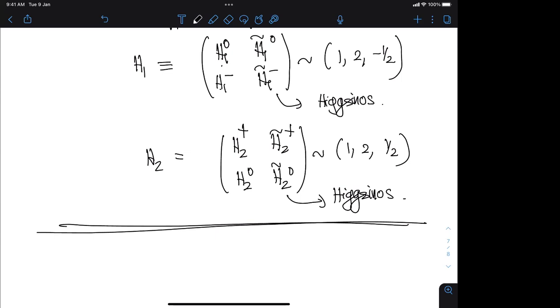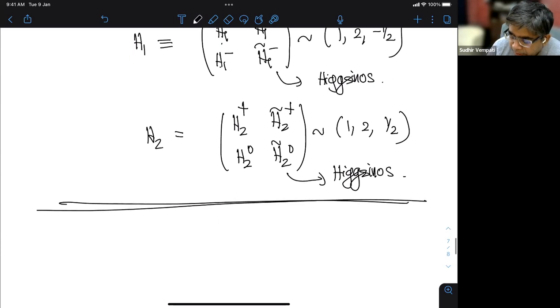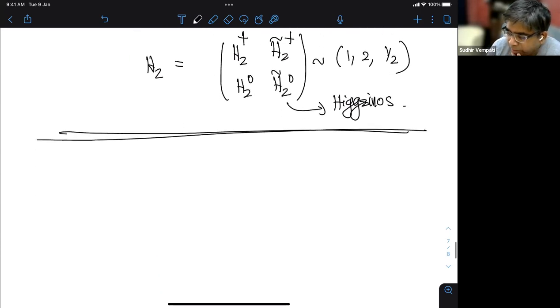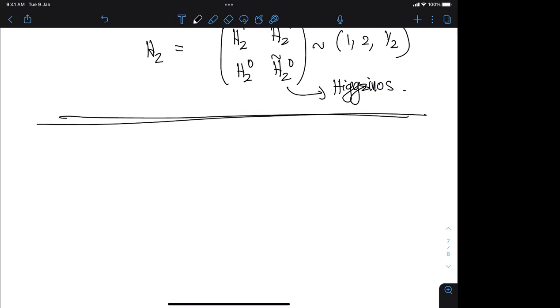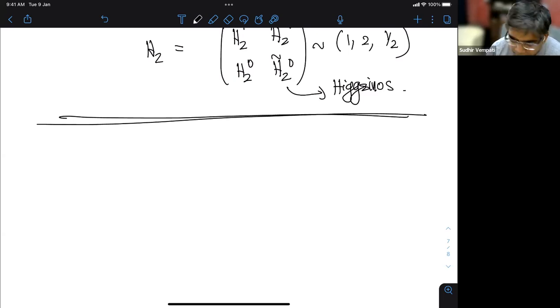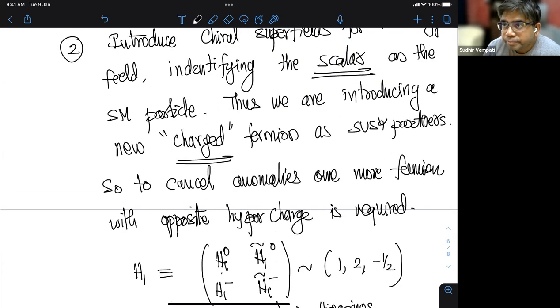But that doesn't stay as it is, because there is no pure Higgsino in the real sense, unless it's very heavy, and then you can have almost 90% Higgsino. That's a possibility, I agree. Any other questions regarding the particle spectrum?